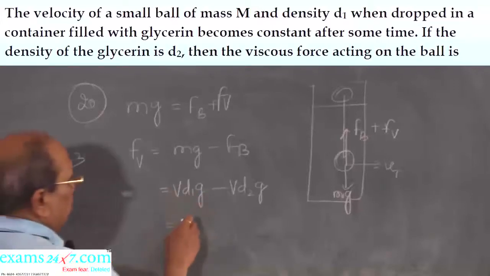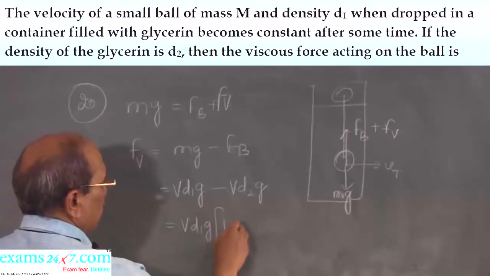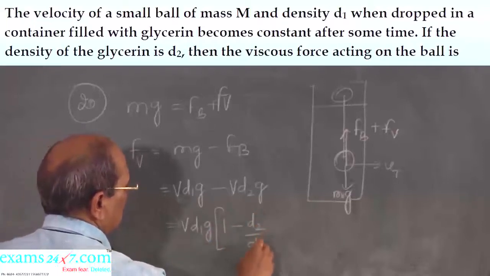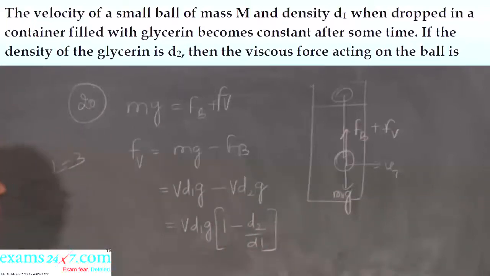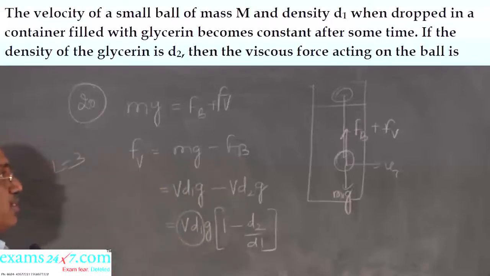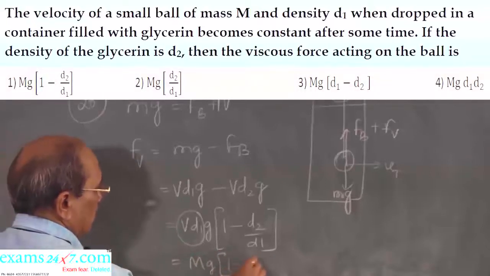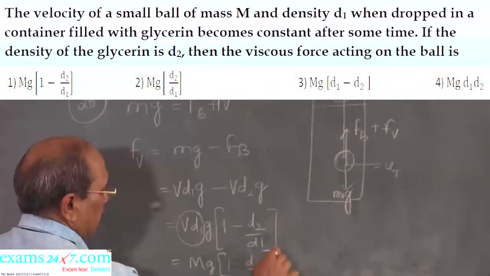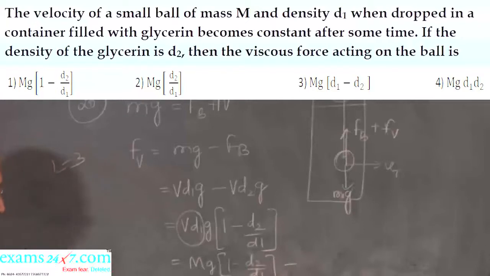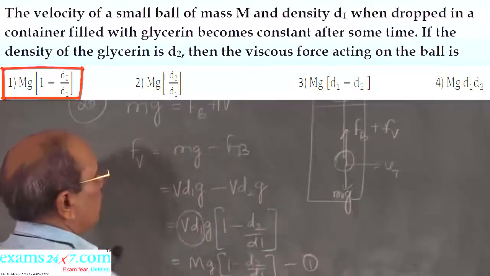Therefore, Vd1g you bring out, it becomes (1 minus d2 by d1). But Vd1 is the mass of the solid steel ball, so mg into (1 minus d2 by d1). The answer available is option number 2, a level 3.